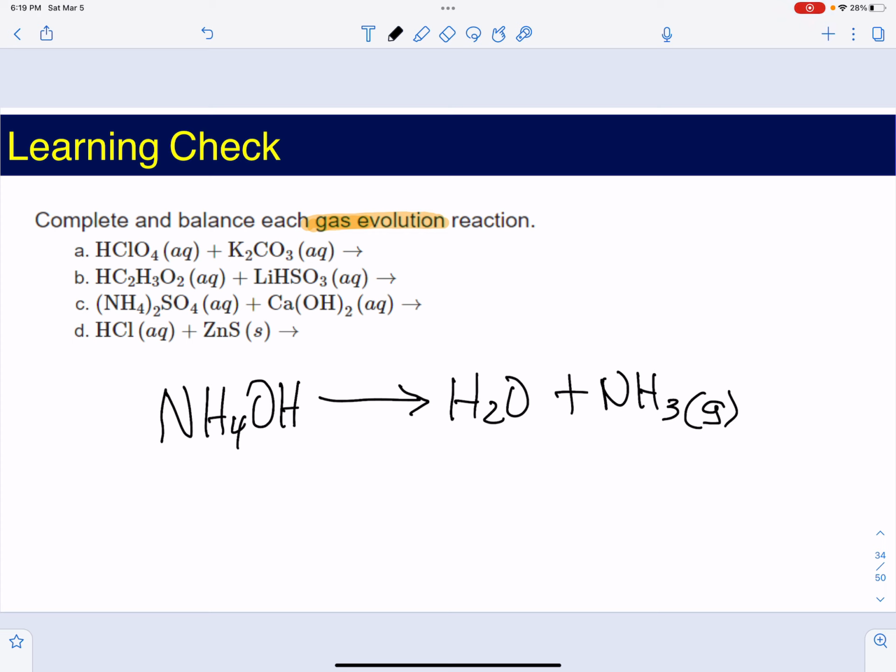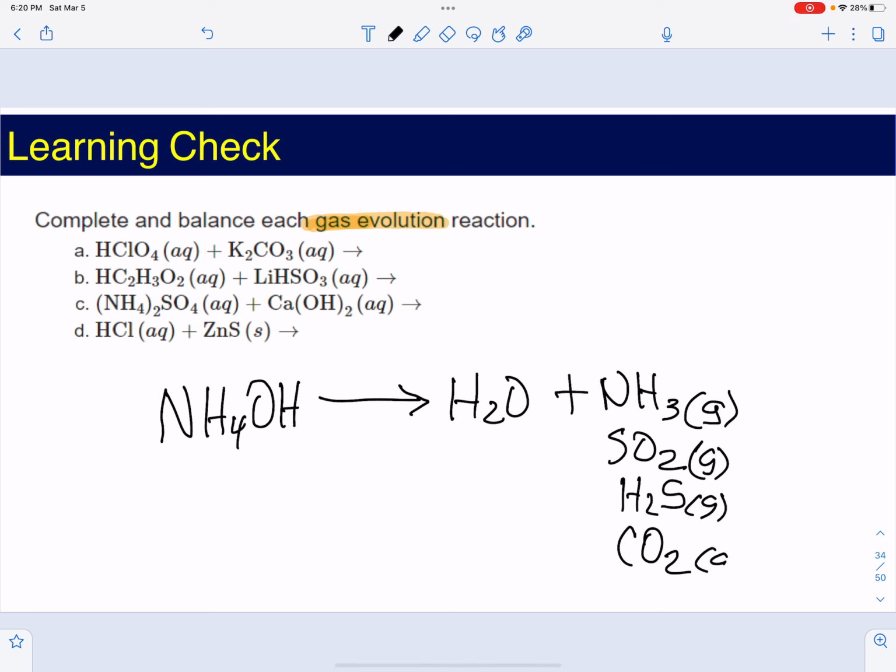So the gases that you have to be looking for, and be able to say where they're coming from, are ammonia, sulfur dioxide, dihydrogen sulfide, and carbon dioxide. All these are the gases that you need to find the pattern for and know where they're going to come from. So let's apply that to this problem.